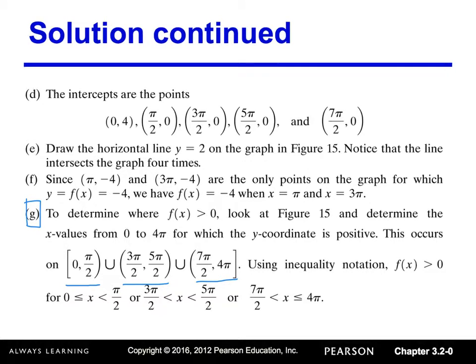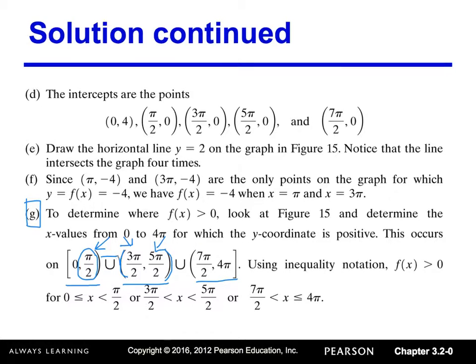This first interval, notice, when it gets back to pi over 2, it's at 0, and that's why it's not above the x-axis anymore, but rather it's on the x-axis, and therefore they've used a parenthesis here to show that it's not above the x-axis at pi over 2, but at everything up to pi over 2. Same thing here. It wasn't above the x-axis at 3 pi over 2 or 5 pi over 2, which is why they're using parentheses to show that it doesn't include those values. And the same with the last interval.